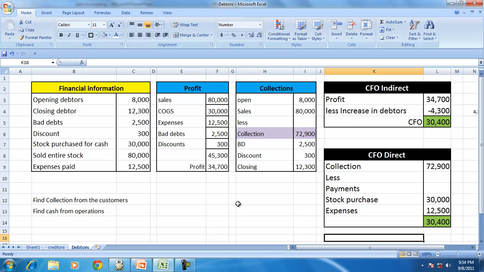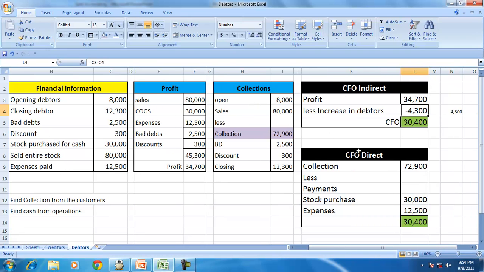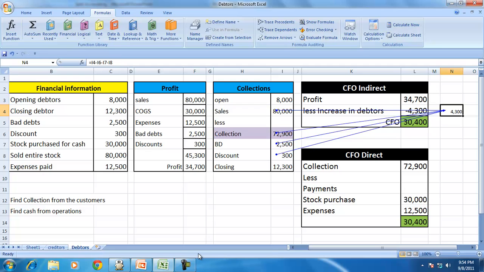The few things that we want to understand are what this 4,300 is and how it makes up for the collection. So 4,300 is actually the effect of sales minus collection minus bad debt minus discount. So that means that during the period, though you are showing 80,000 as the sales, you are not collecting the entire 80,000.